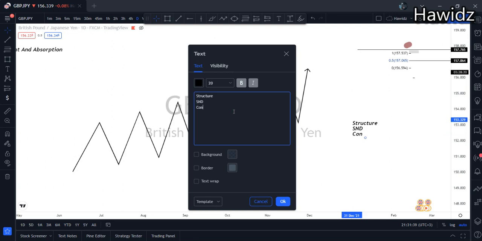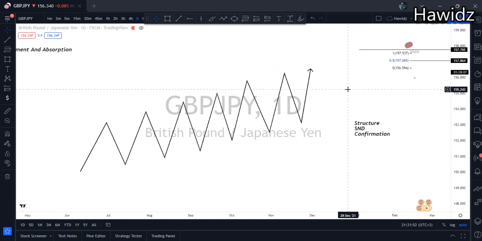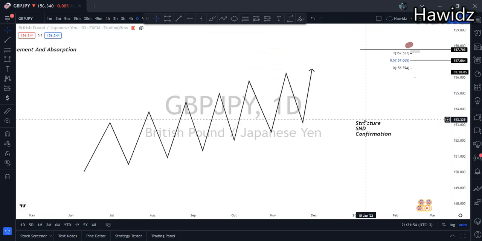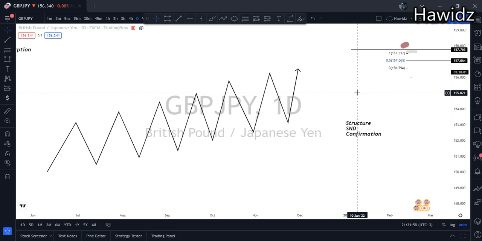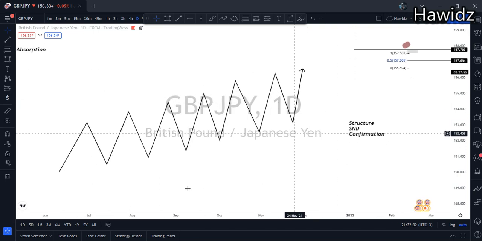Confirmation, right? So these are the major facts or points that we use during trading. This is our guideline on how to trade, right? And how to build and create high profitability setups, right?